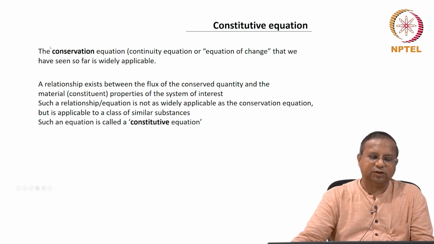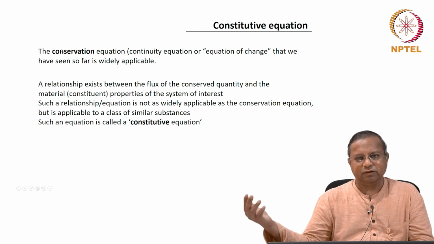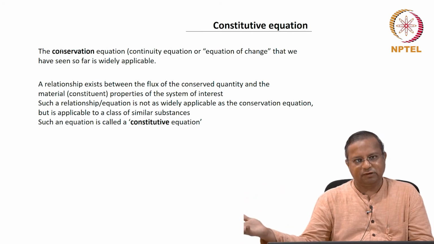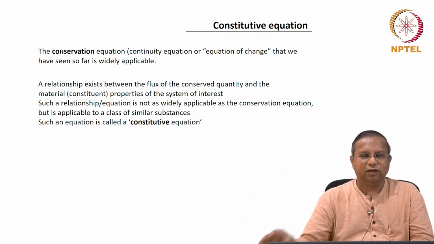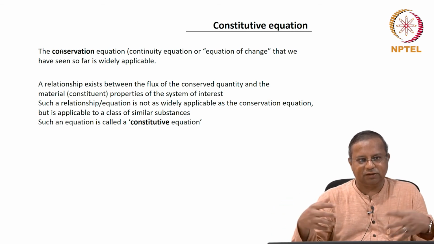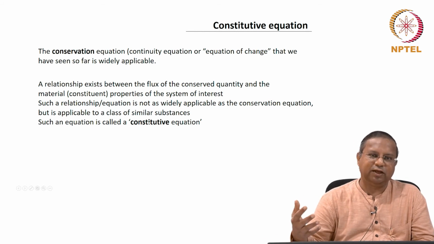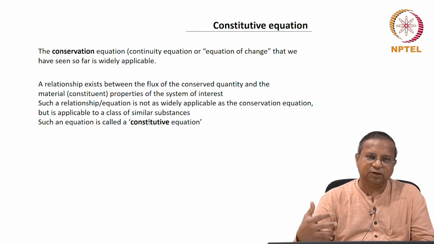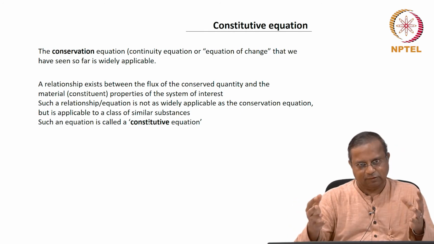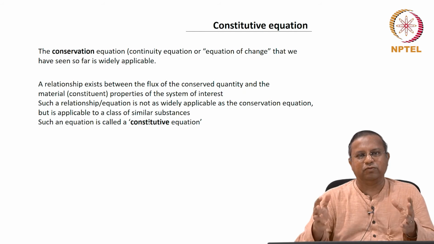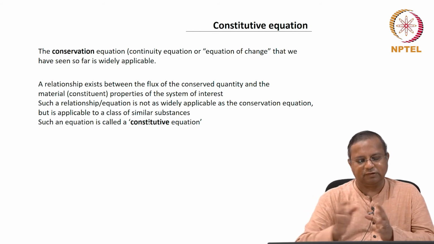Conservation equations, typically mass conservation, momentum conservation, energy conservation, charge conservation, and so on, are very widely applicable almost across the board, whereas a constitutive equation is a relationship between the flux of a conserved quantity and the material properties of the system of interest. That is not as widely applicable as a conservation equation, but it is still applicable over a wide range of similar substances.